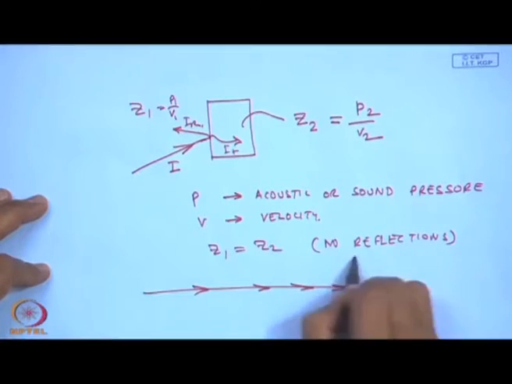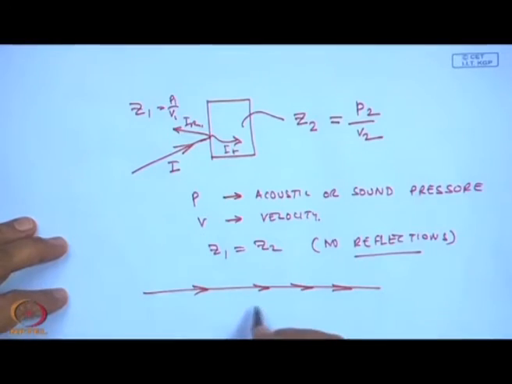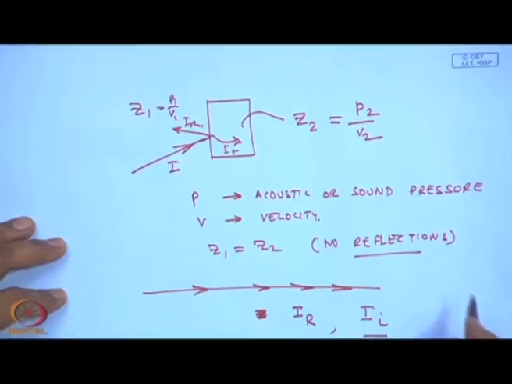So, this is the physical principle behind such sound waves. So, depending on the intensity of the reflected wave and the incident wave, we can find out some clue as to what is this Z 2 of the material.